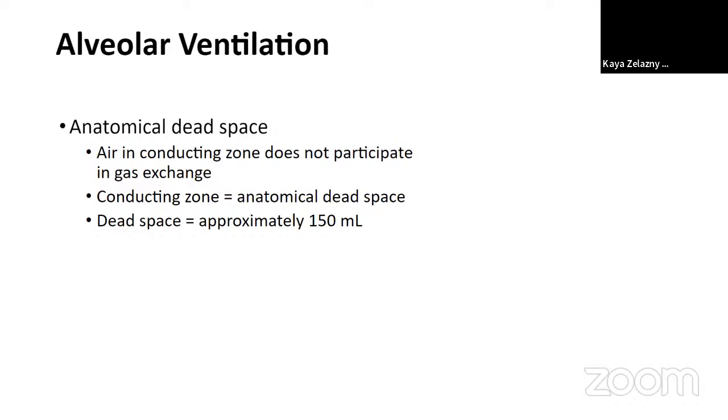This is why our alveolar ventilation is going to be different than our minute ventilation. When we calculate the alveolar ventilation, we're going to be calculating how much of that air that we breathed in, that fresh air, is getting into the alveoli. So we have to account for the dead space, and it's about 150 milliliters.